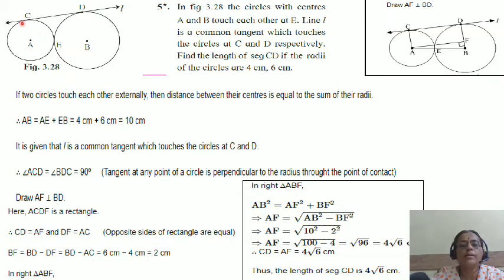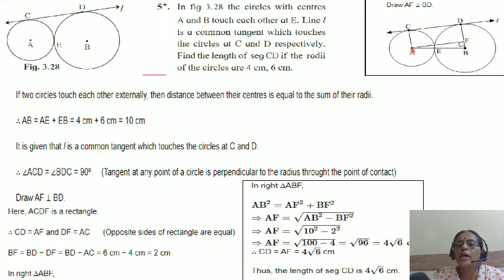Now it is given that they have a common tangent at points C and D. So angle ACD is 90 degree and angle BDC is also 90 degree. Join AC and BD. Now the tangent at a point on the circle is perpendicular to the radius at its point of contact. Draw AF perpendicular to BD. AF perpendicular to BD.